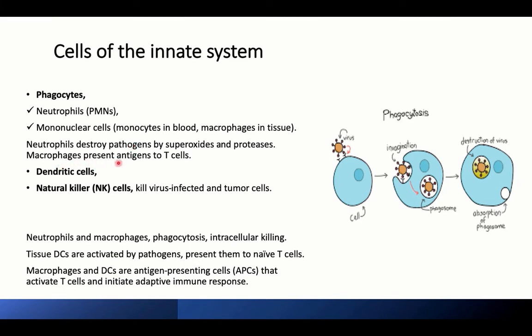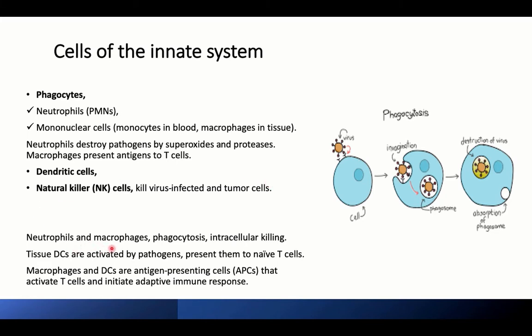Macrophages present antigen to T cells. So we have phagocytes, we have dendritic cells, and we have the natural killer cells, which kill virus-infected cells and tumor cells. Natural killer cells are a very important cell in the immune system, with a vital role against virus-infected cells and against oncogenesis.